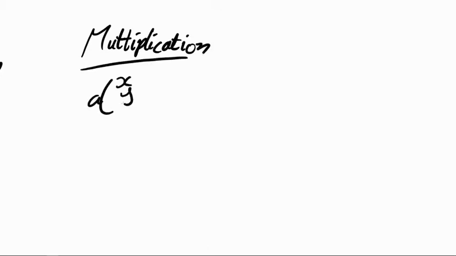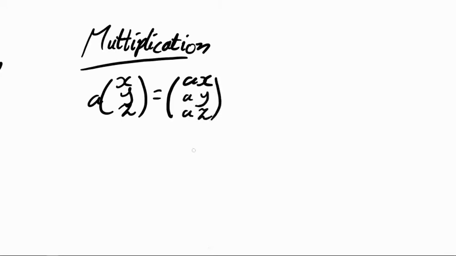If we have a times x, y, z, where a is just a normal, sensible number, like say 2 or 3, not a vector or anything like that, we just move a inside the brackets to each coordinate.